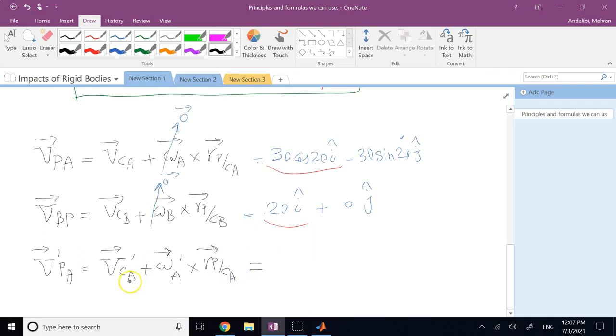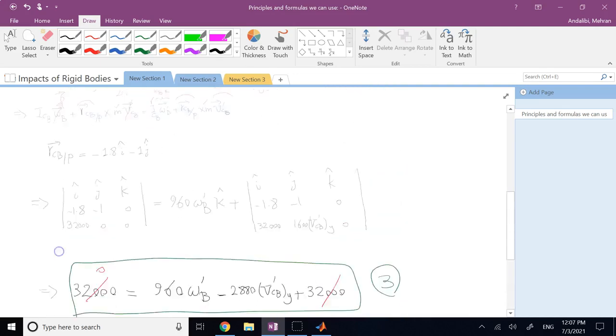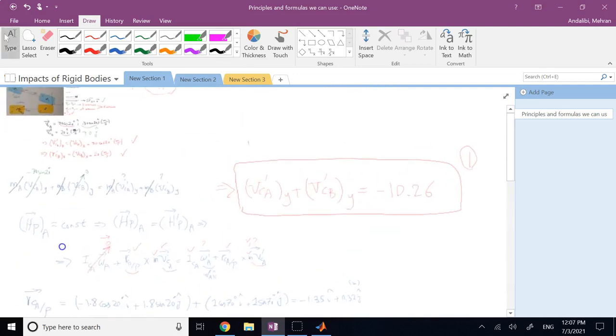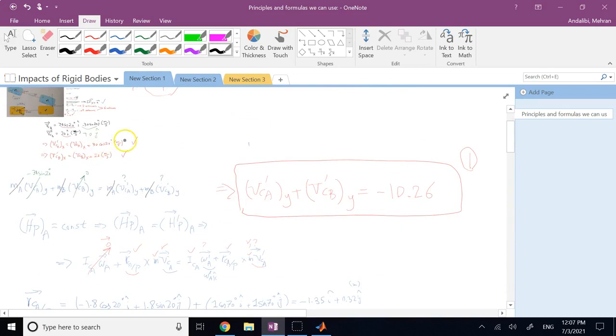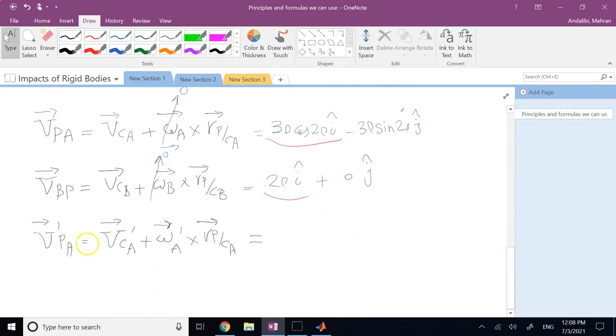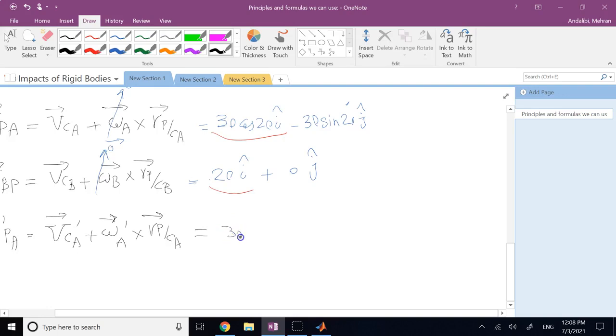Okay, so for V of C prime A, the x component of it is going to be the same as whatever it was, correct? Which is that 30 cosine 20. It's not going to change. And the y component of it is unknown times j. So this is the velocity of the centroid after impact.